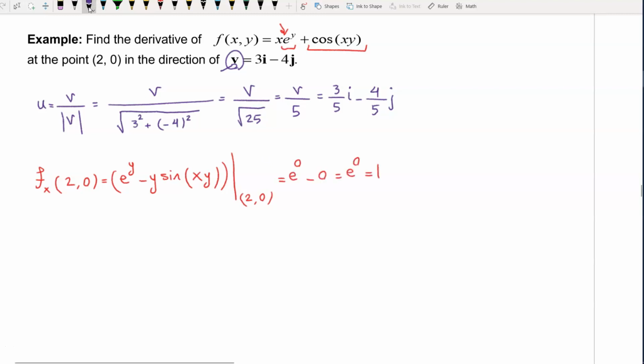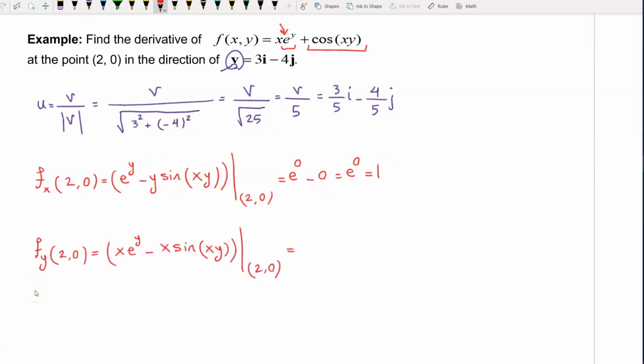So this is equal to e to the power 0, which is 1.